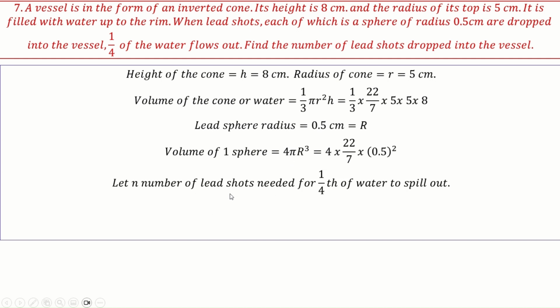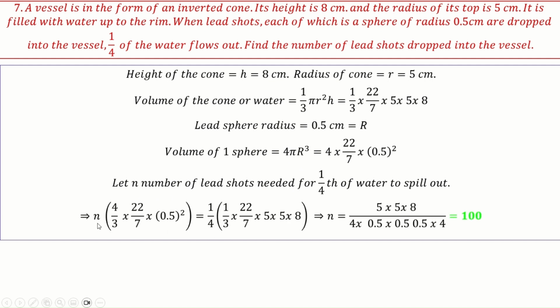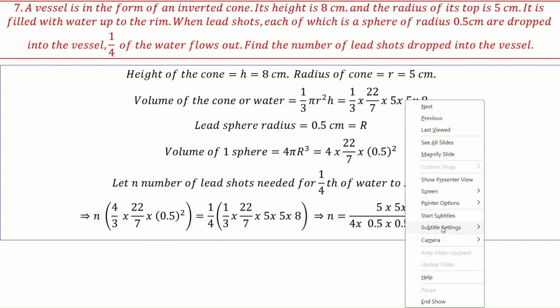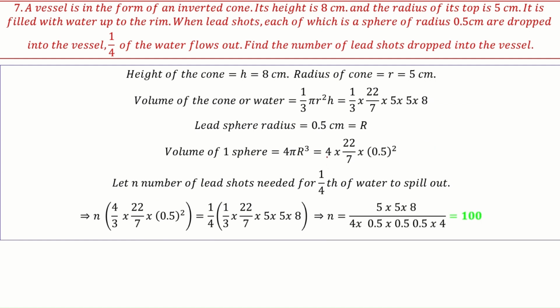Okay, n number of lead shots are needed for one fourth of the water to spill out. Here I wrote it correctly, even though this is wrong. So n into 4 by 3 into 22 by 7 into 0.5 whole cube, sorry, I wrote the squares and cubes wrong in places, so many mistakes.